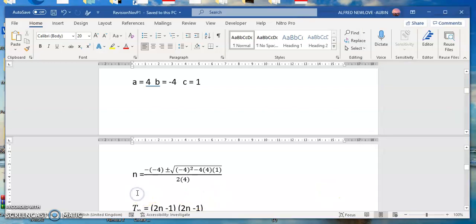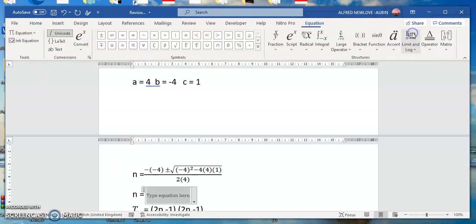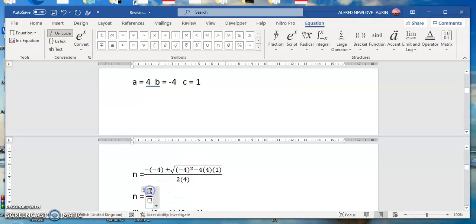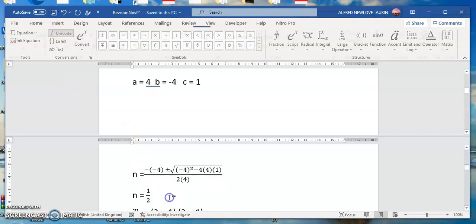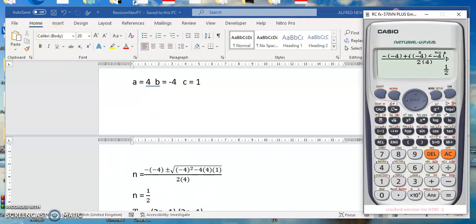I will show you. So N is equals to 1 over 2. Okay, the first N is 1 over 2. And the second N we are not supposed to delete. So what we need to do is you move the cursor back.